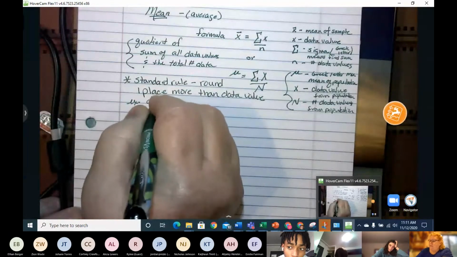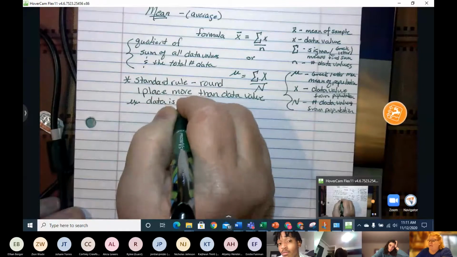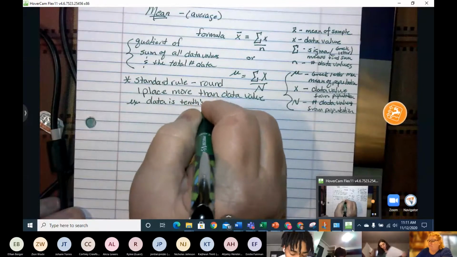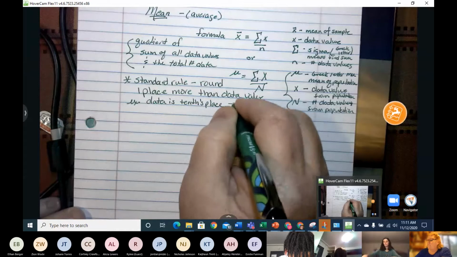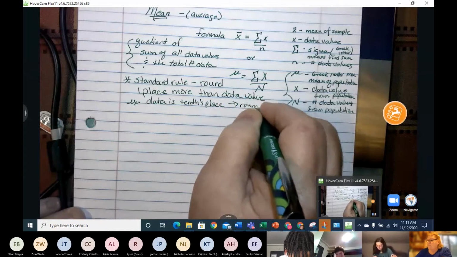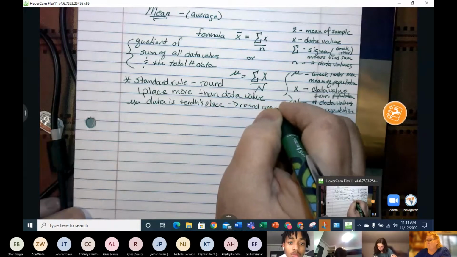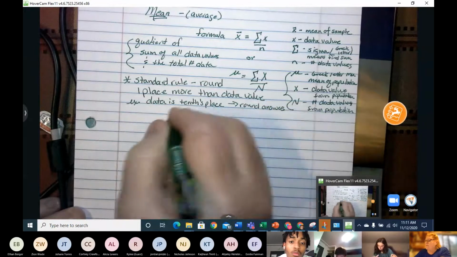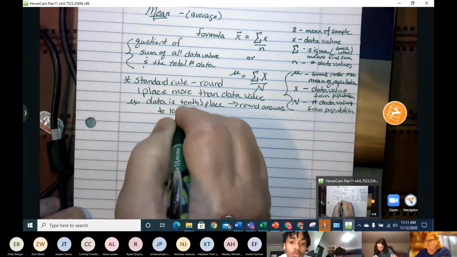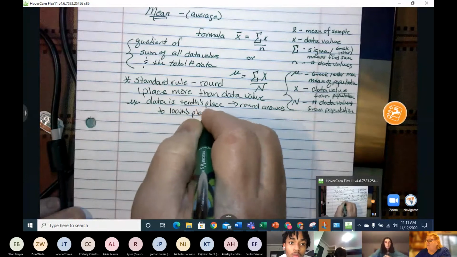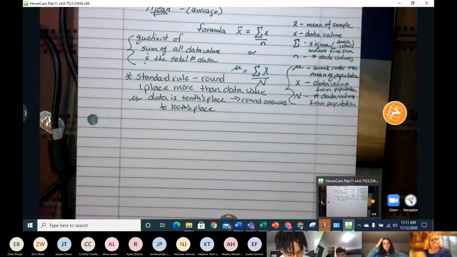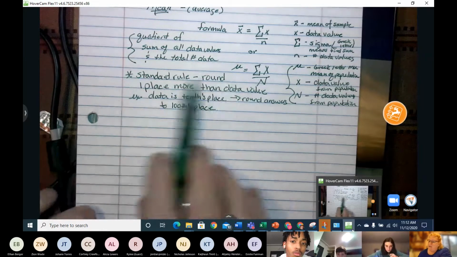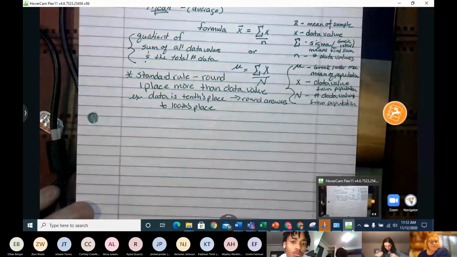If the data is to the 10th place, we round answers to the 100ths place. It's a standard rule for rounding, so you shouldn't have to question yourself: how do I know where to round to? This is just a standard rule that you use when you're rounding.